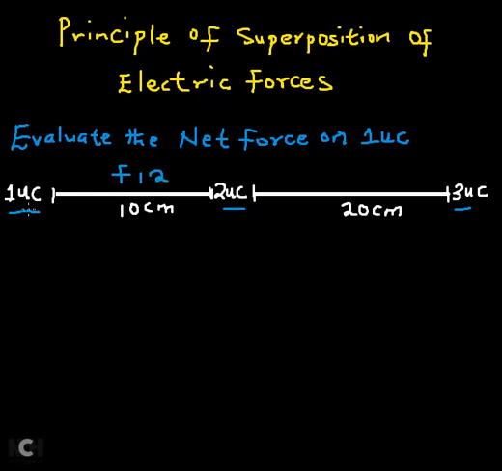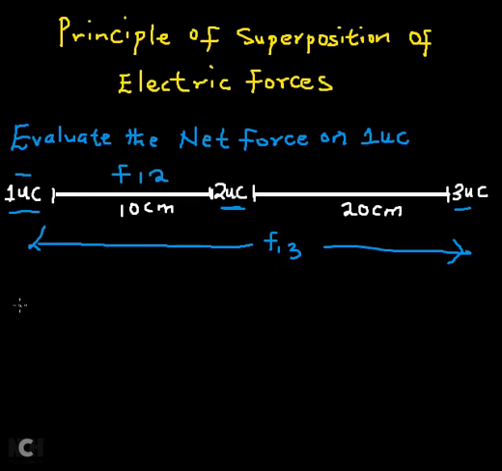Apart from the force between 1 and 2 microcoulomb, there's going to be another force that exists between 1 microcoulomb and the other charge, which is 3 microcoulomb. Let me call that F13. So this 1 microcoulomb experiences two forces. One force due to the 2 microcoulombs, which I call F12, the force on 1 microcoulomb due to 2 microcoulombs, and another force due to the 3 microcoulomb, which I call F13.